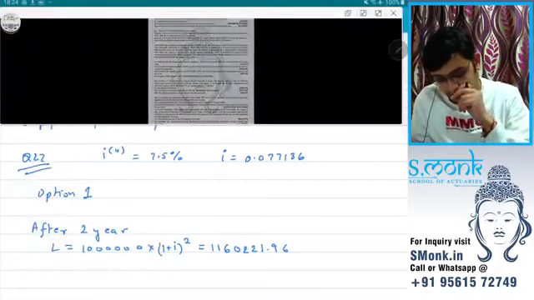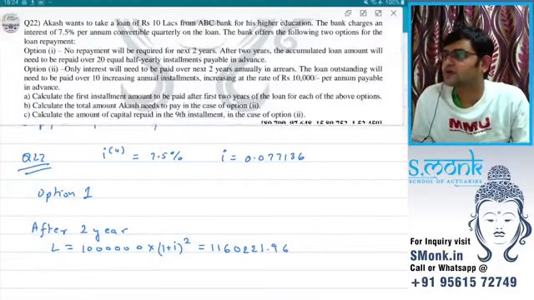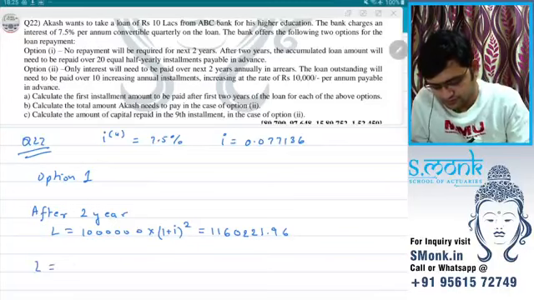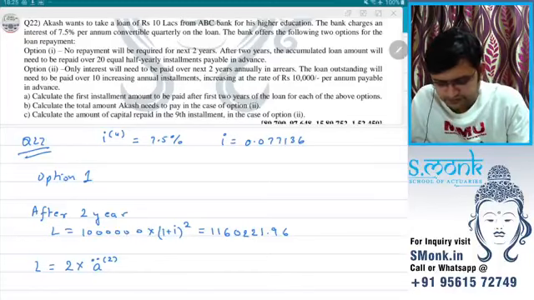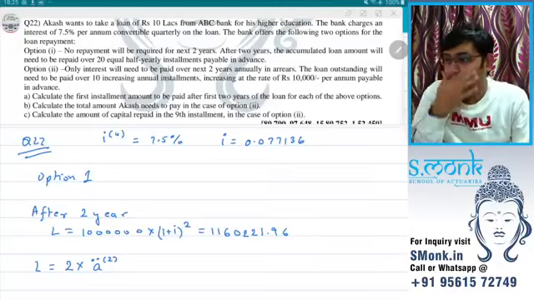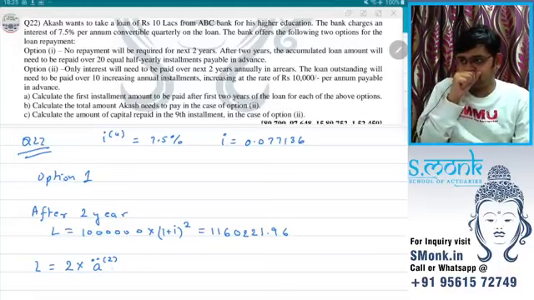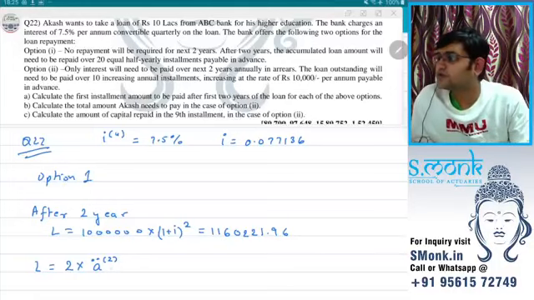This much loan is supposed to be paid in 20 equal half-yearly installments payable in advance. So this will be equal to x into a, payable 2 times in advance, and for how many years are we talking about?